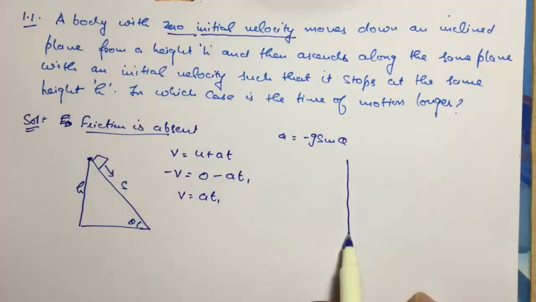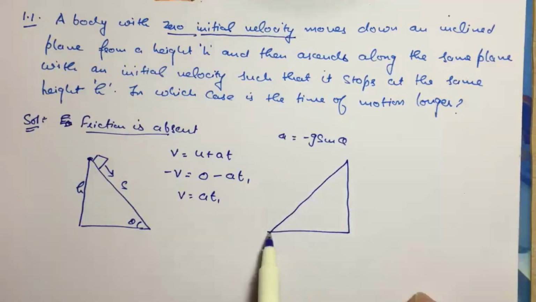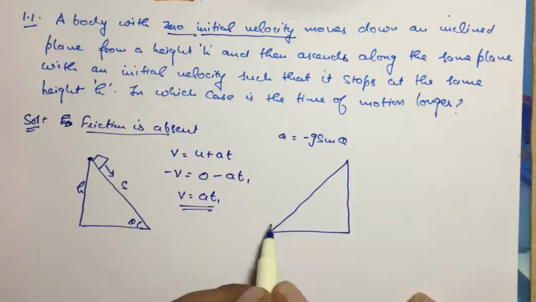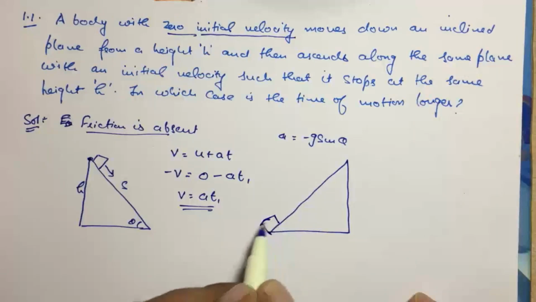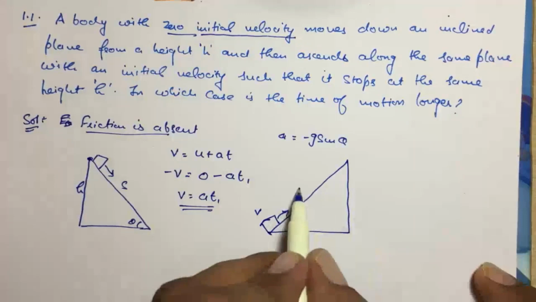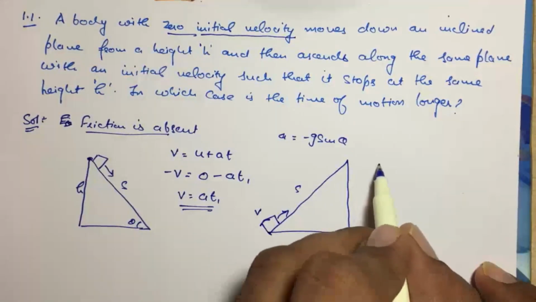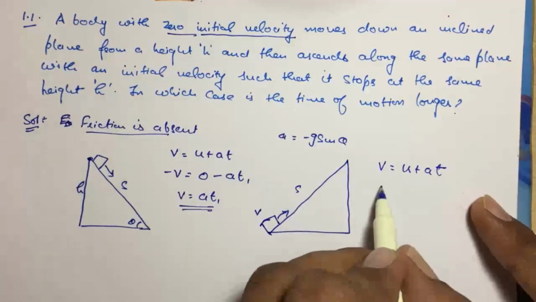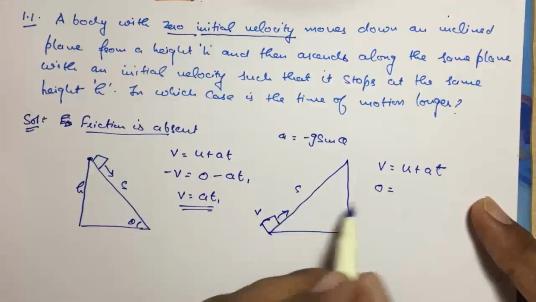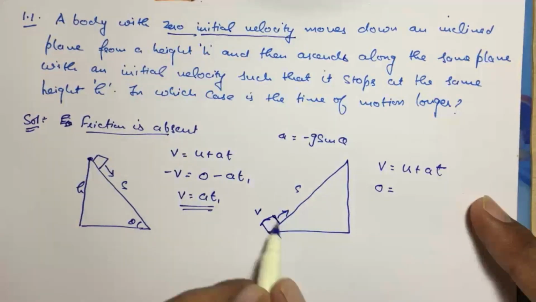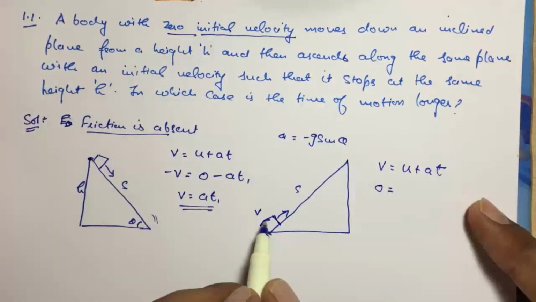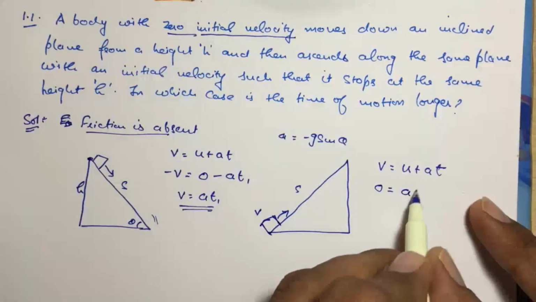Now say on the same plane the body is ascending, moving upward, with the same velocity, so the initial velocity is v. What is the time taken? The path is the same, s, so we use v is equal to u plus at. The final velocity is 0, the initial velocity is upward so taken as positive, and it is the same as the final velocity of the downward motion, a t1.